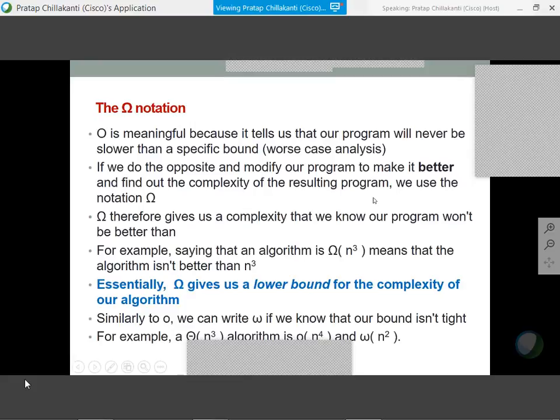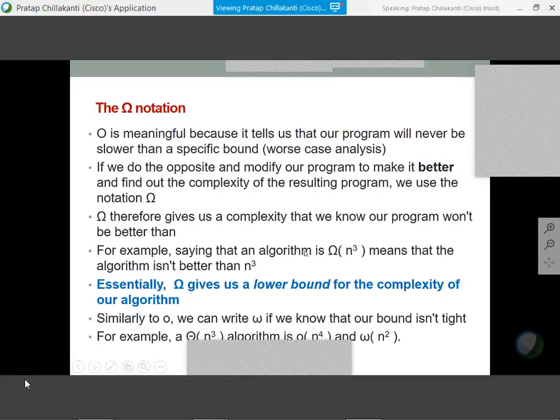If we do the opposite and modify our program to make it better, we use the notation omega. That means the complexity can't be better than that. That is the best that can be done. Big O says that is the worst that can happen. Omega says that is the best that can be done.